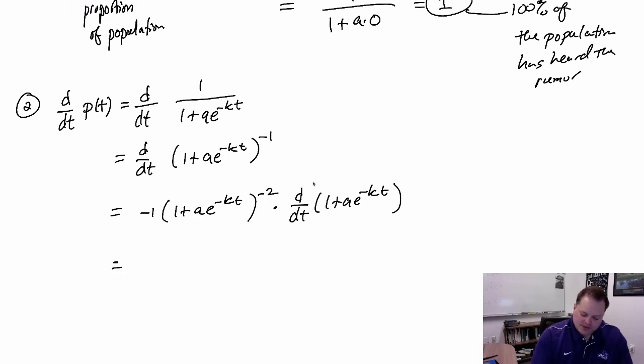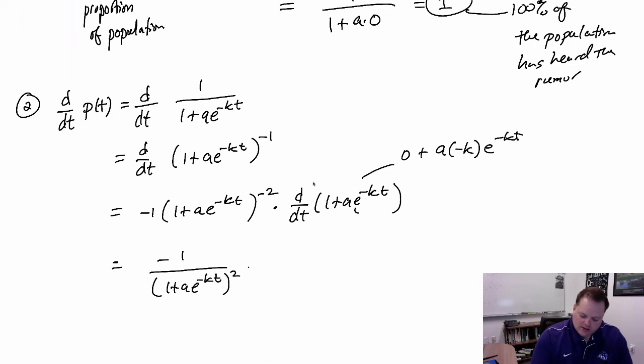So this is the derivative of the inside. The derivative of 1 is 0. The derivative of a, ignore the a, take the derivative of the exponential, which would be a negative k e to the minus kt. So you've got negative 1 over this quantity squared times a times negative k e to the minus kt.